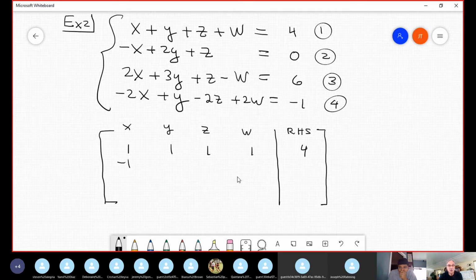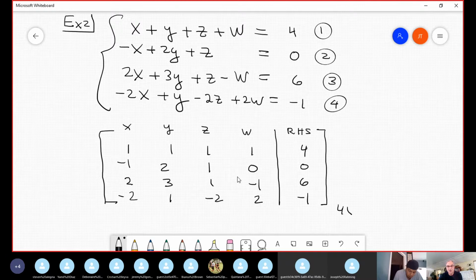My second one is negative 1, 2, 1, 0, equals 0. The third equation is 2, 3, 1, negative 1, 6. And the other is minus 2, 1, minus 2, positive 2, negative 1. And the dimension of this matrix is 4 by 5, no?